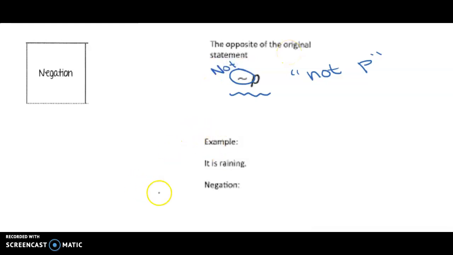If the example is, it is raining, then to negate it would be, it is not raining. We're just doing the opposite of. So it either is or it isn't raining, one of the two.